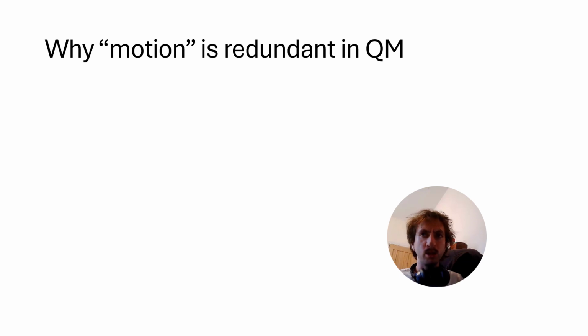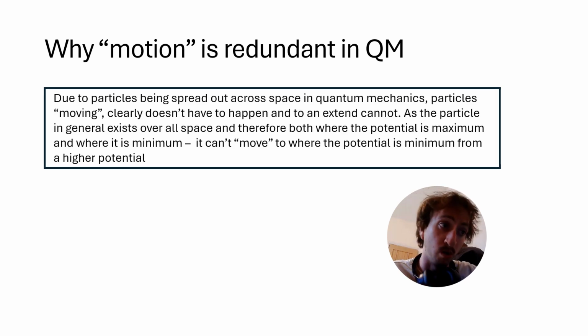So, in a sense, the particle is everywhere. Now, given the particle is everywhere, it clearly can't move from somewhere where it is to somewhere where it isn't, because there are no places where it isn't, and it's already in all places to begin with. So we can't really talk about motion in quantum mechanics at all.